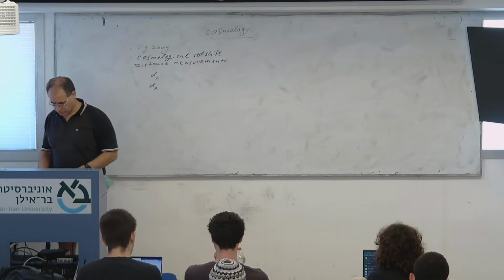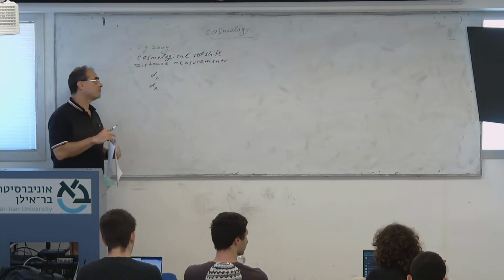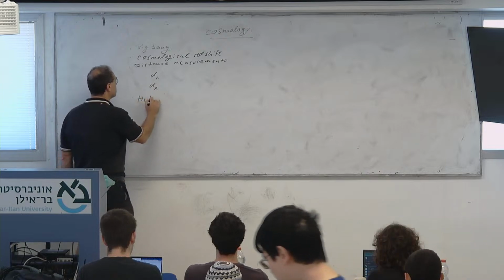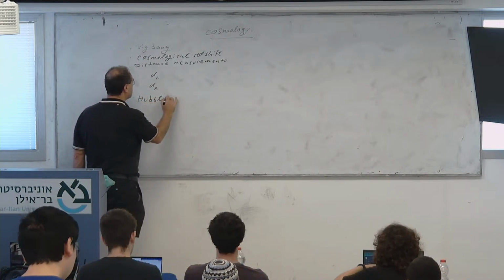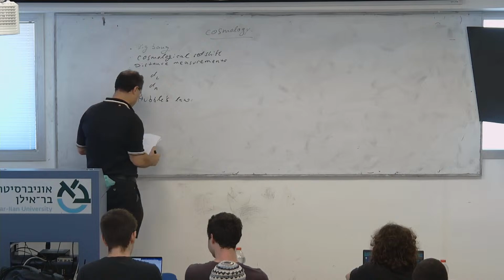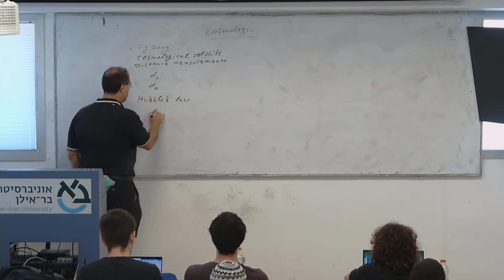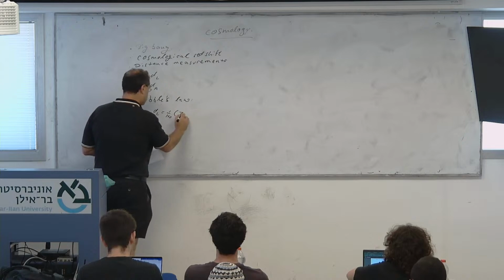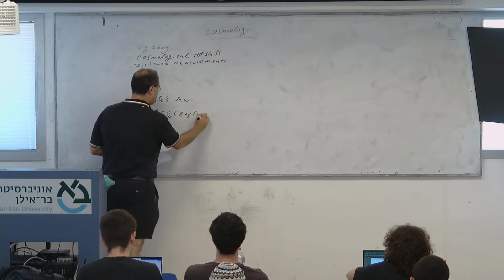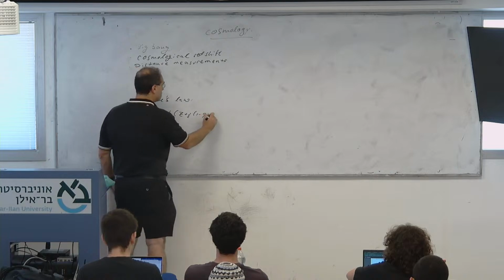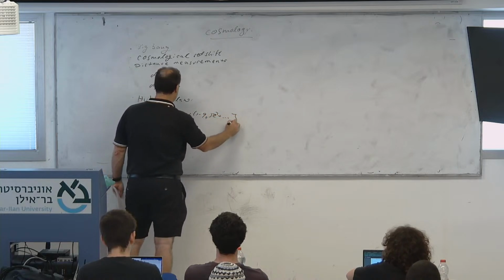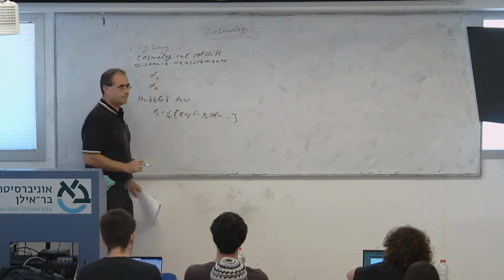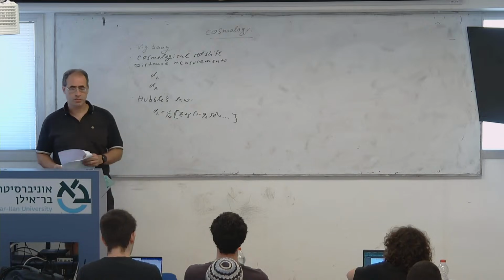Then we go to Hubble's law, d_L = (1/H0)[z + (1/2)(1 - q0)z^2 + ...], which is essentially what Hubble did.